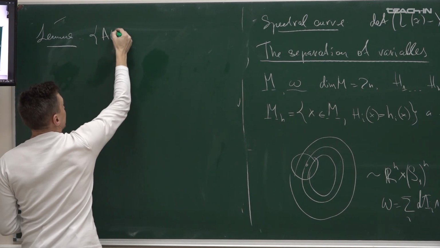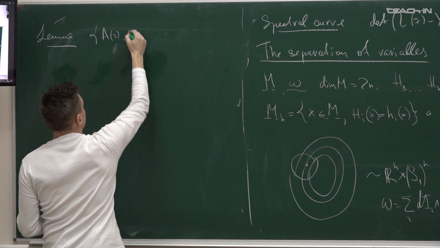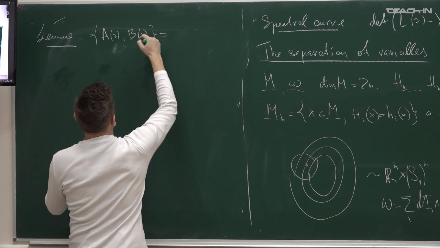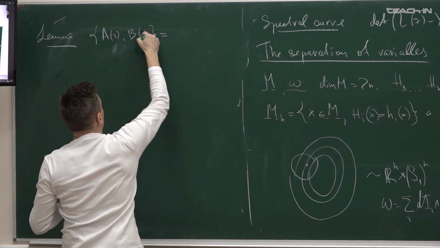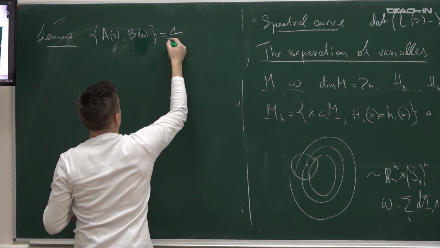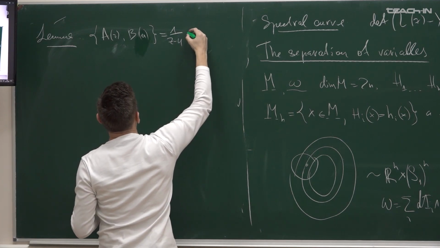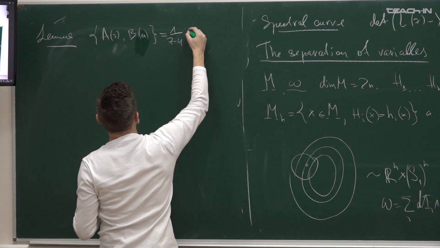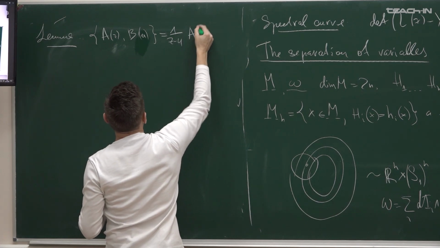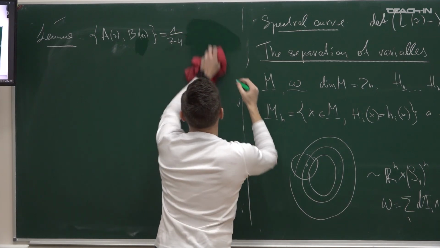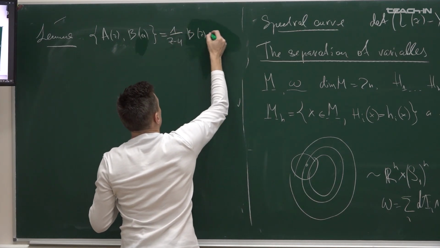A of z with B of u is 1 over z minus u times A of z minus B of z minus B of u.